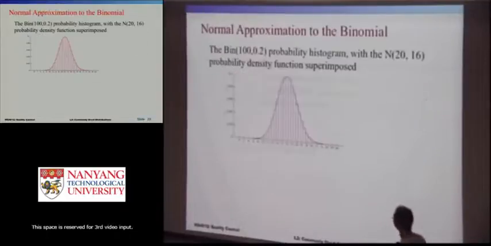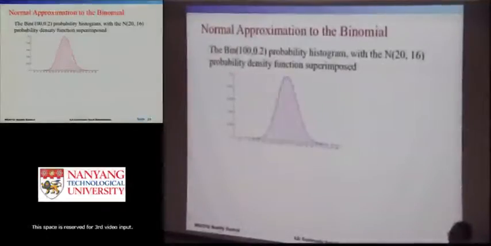Last point, the normal approximation to the binomial distribution. If you look at the discrete distribution, these bars are the binomial distribution where the number of trials is 100 and the success probability is 0.2.